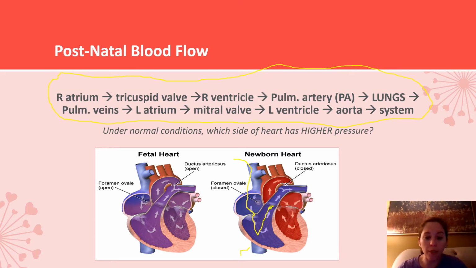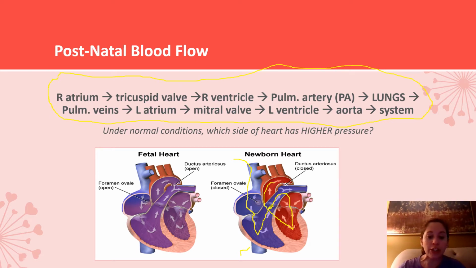Then we go through the pulmonary vein, down into the left atrium, down through the bicuspid or mitral valve, down to the left ventricle, into the aorta, and then out into the body.